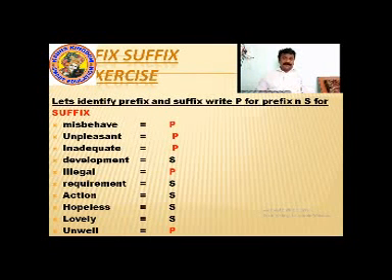So the answer is S. So we have identified these are the suffixes and these are the prefixes. Misbehave is P, unpleasant is P, inadequate is P, development is S, illegal is P, requirement is S, action is S, hopeless is S, lovely is S, unwell is P, connection is S. P is for prefix, S is for suffix. So we have covered the entire chapter now.